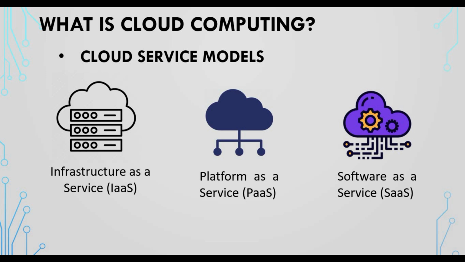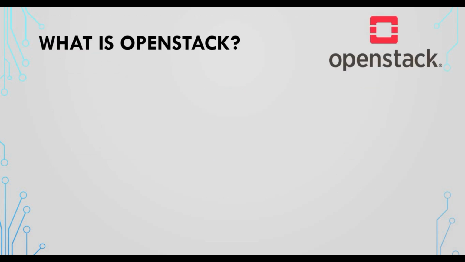So those are some kinds of applications we can consider for software as a service, on top of Salesforce or Google apps. Those are all software as a service. So these are some basic information of cloud service models. That's all I wanted to explain about the introduction to cloud. So I think you got a clear understanding of what is cloud, what is the purpose of cloud, and what are the different service models, right?